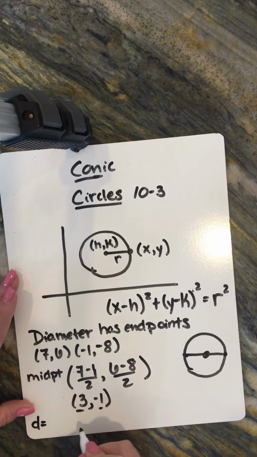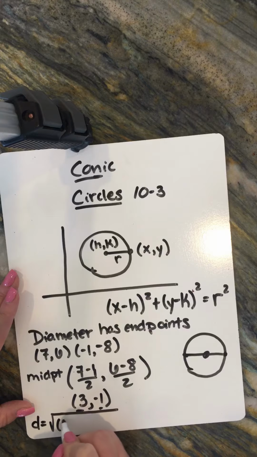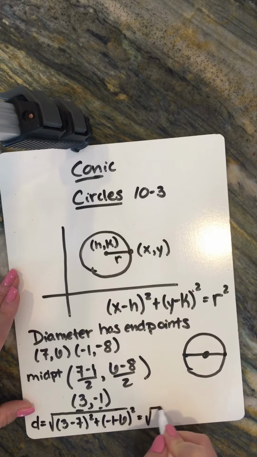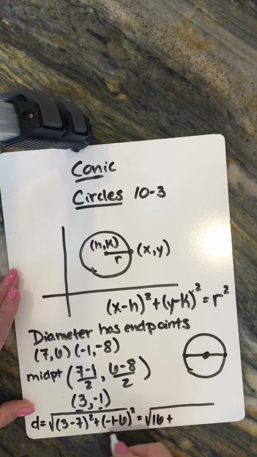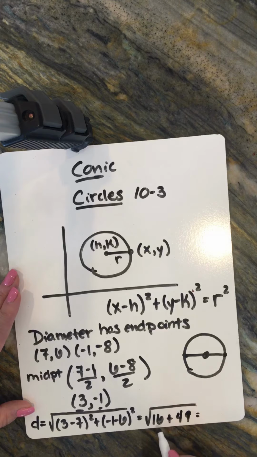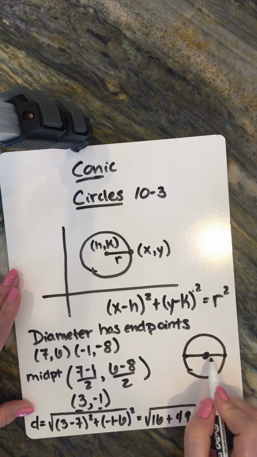Remember the definition of a radius. So the distance, here we go: (3 minus 7) squared plus (-1 minus 6) squared. So that gives us a radius of -4 squared is 16, plus -7 squared is 49. So we've got 65, the square root of 65 will give us our radius.